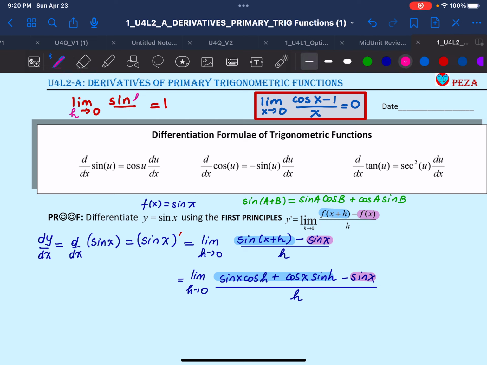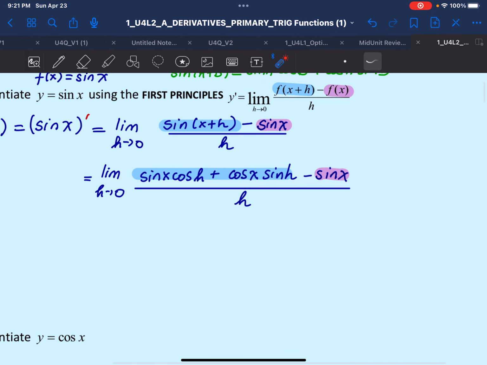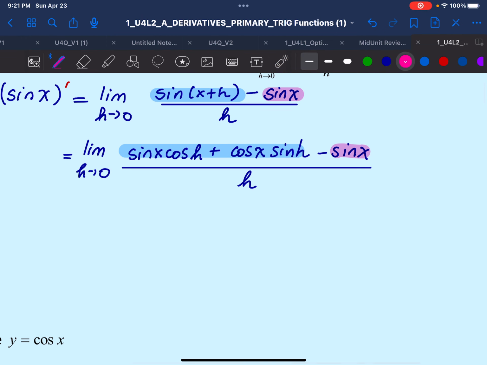So it's the same idea, the same formula. You can use any variable of your choice. So if we are able to somehow factor a sine h over h, whose limit we already know, then this way we can eliminate the h that is making the limit indeterminate. So let's take a look and see what we can do.